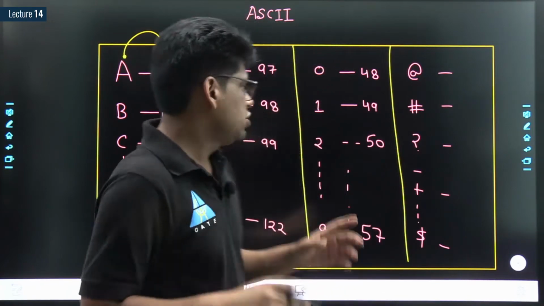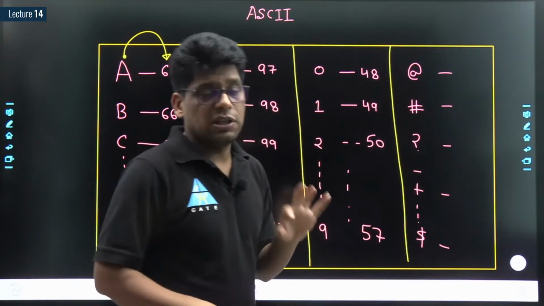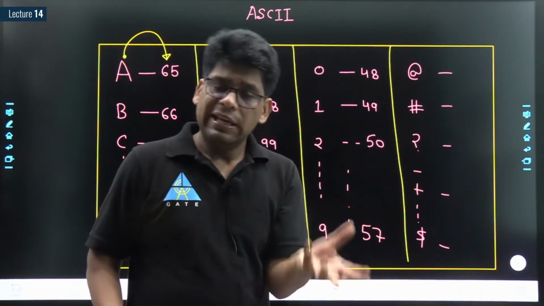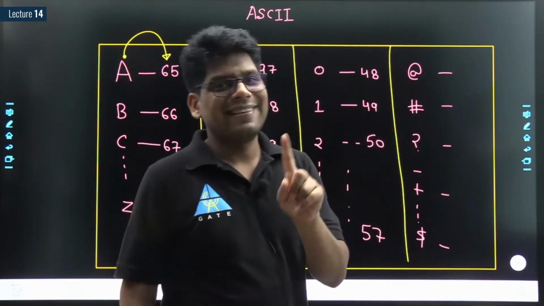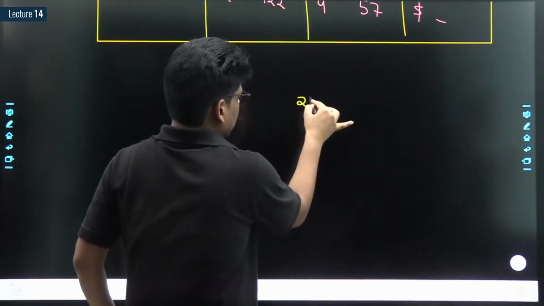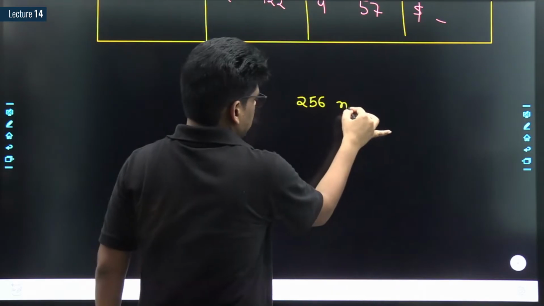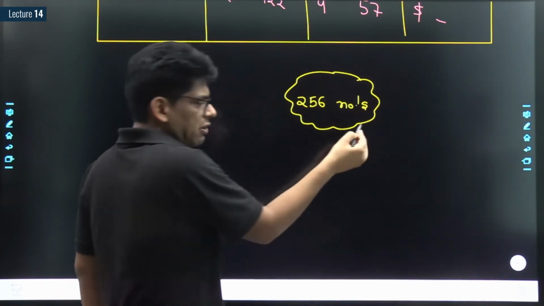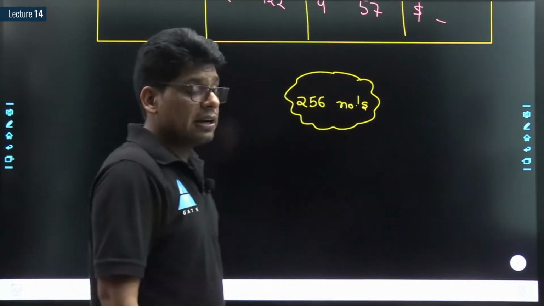That means using 256 constant integers, can we represent one language? Yes, sir. How many numbers? 256 numbers. Using 256 numbers, can I represent one particular language? Yes, sir.